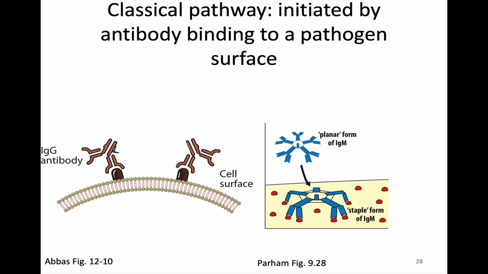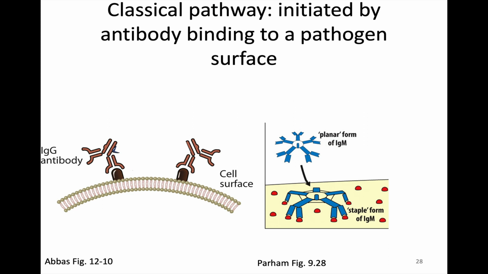So you can see here, the classical pathway is initiated by antibody binding to a pathogen surface. So we start with antibody. That antibody can be in different types of geometries. We can have different types of shapes going on here. Right now, you care that it's the antibodies binding.